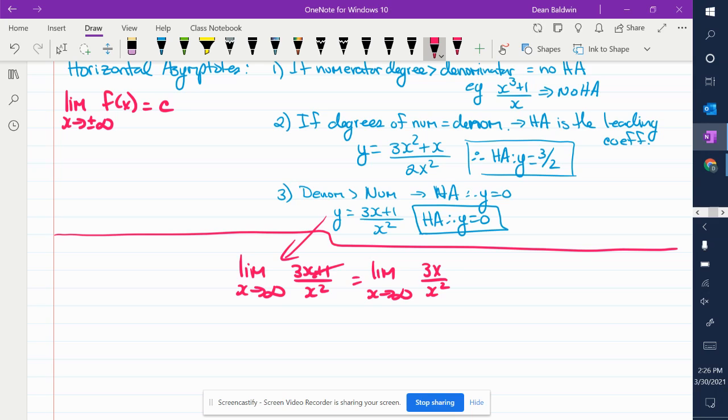Now, if I put infinity into this, which is bigger, the top or the bottom? The bottom, right? And if you're dividing by a really, really big number, what are you getting closer to? You're getting closer to 0.